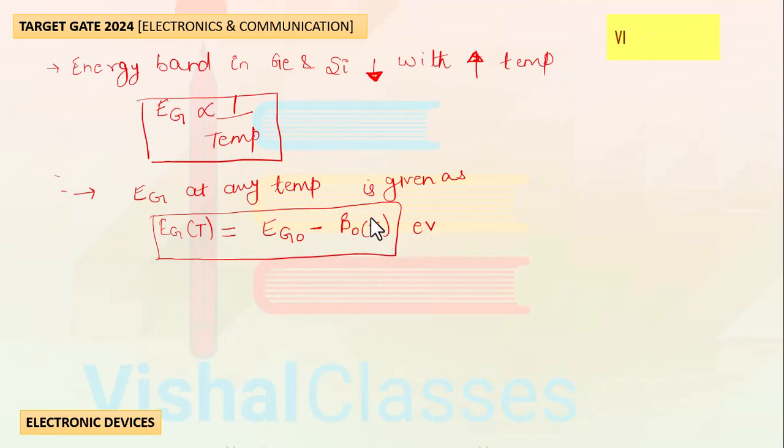T is in Kelvin, where beta node is a material constant. Its value is given as eV divided by K.